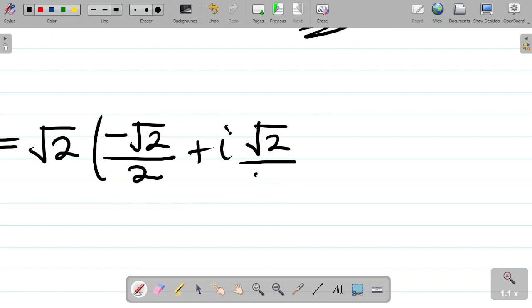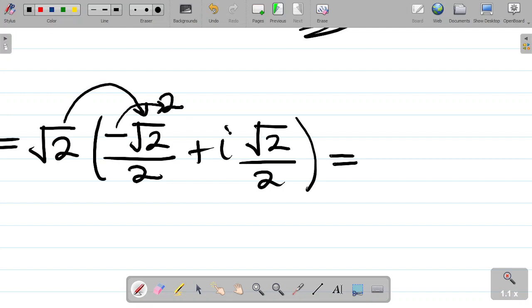And that's equal to, let's solve this. First things first, root 2 times root 2 gives you 2, so I have this as minus 2 all over denominator 2, in which this cancels this, and I have minus 1.